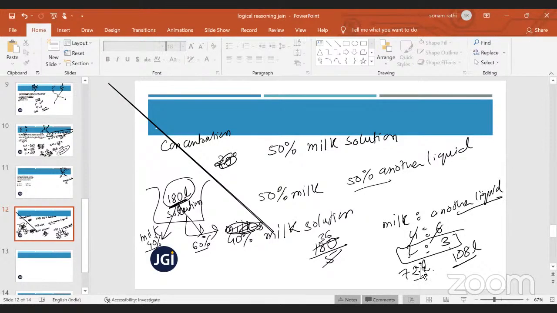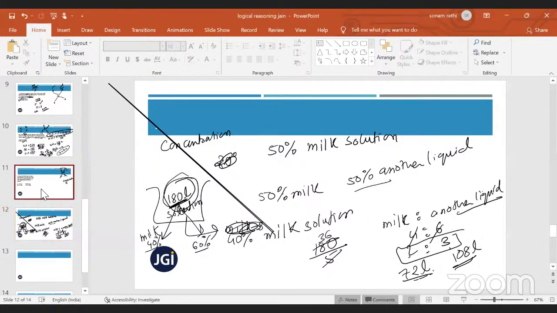So this is what you mean by concentration. The percentage will be given to you. When they say 40% milk solution, it means 40% milk and 60% another liquid, and if you know the total, you can break it down.